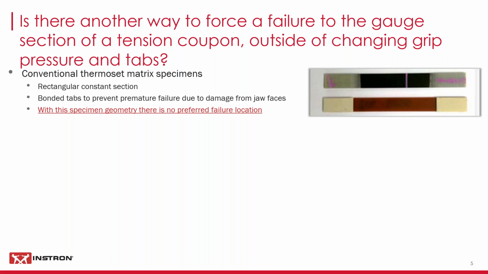But of course, with this kind of specimen, and really dog bone specimens are not possible because of potential shear failures, there isn't a preferred failure location. So I think it's a very common experience that these specimens fail in the tabs or in the jaws and not in the center of the specimen. And I think this is almost inevitable in this kind of specimen design.